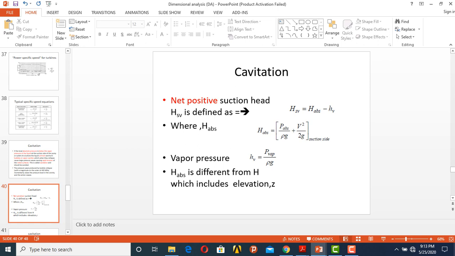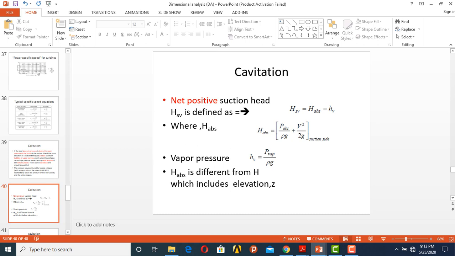So in order to prevent this cavitation from taking place, we need to take care of some parameters. In this case, the net positive suction head has to be taken care of.